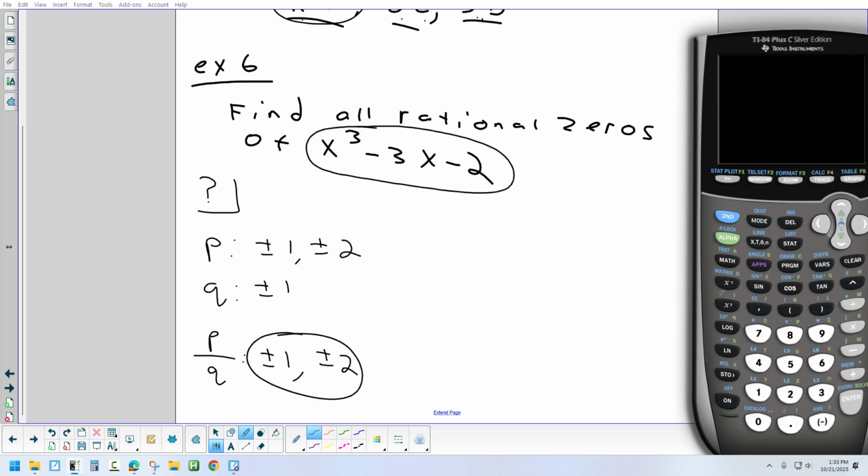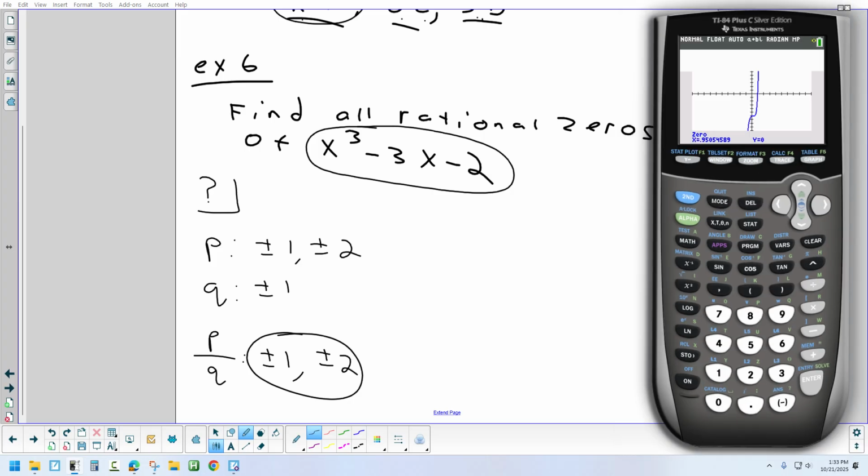If I had a root here that was like positive or negative 20, well, then I'd have to zoom out a little bit in case the answer was out at one of those numbers. Okay, but this is a pretty small section you got to look at. All right, so let's narrow the list down. X cubed minus 3x minus 2.